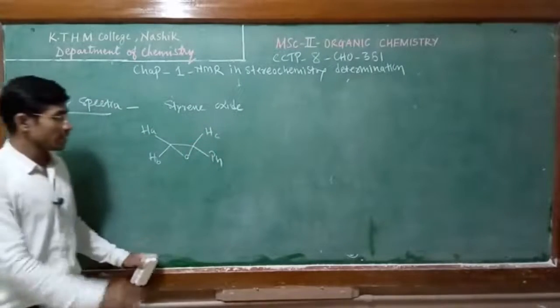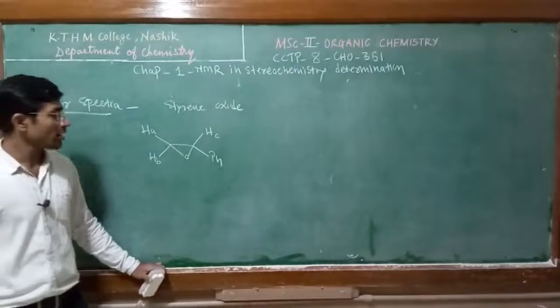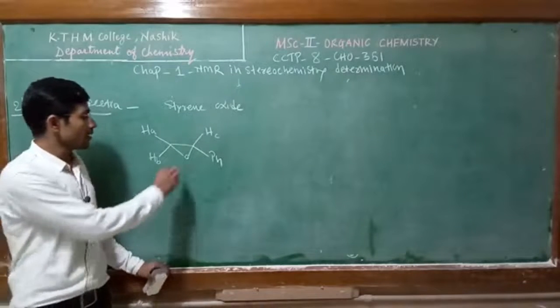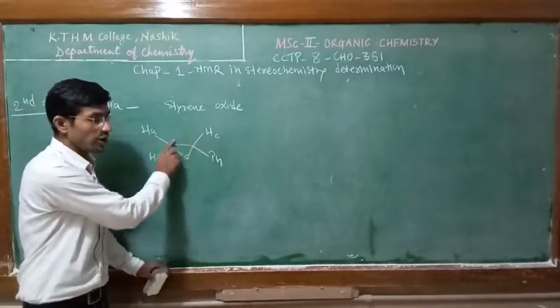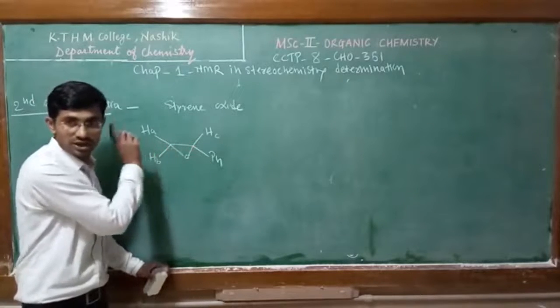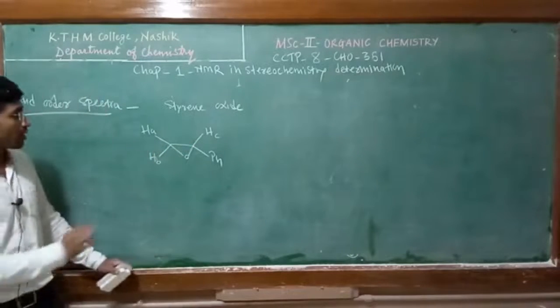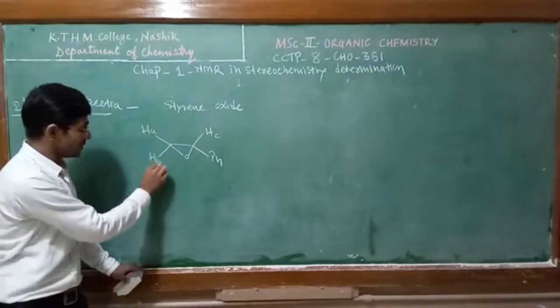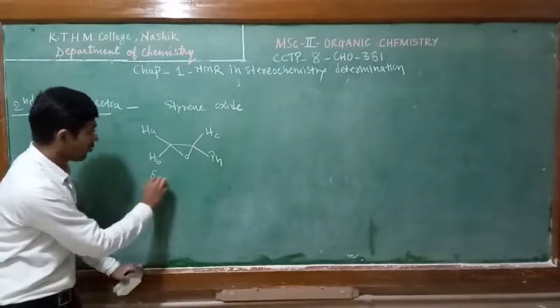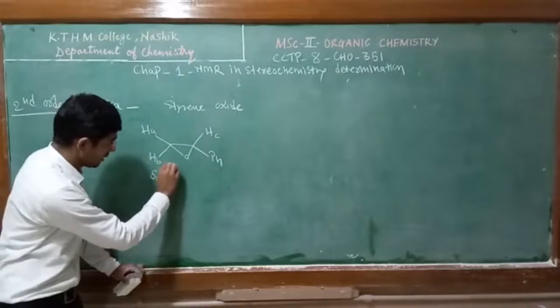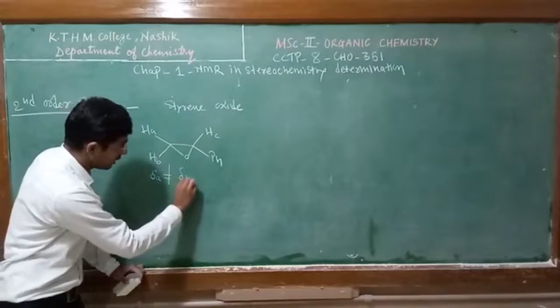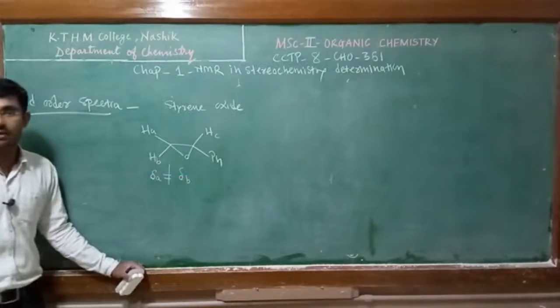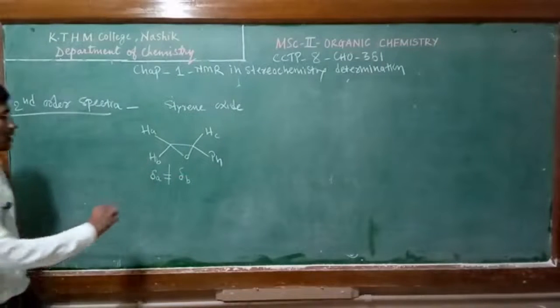This is the styrene oxide compound. This is a small ring compound. In this small ring compound, because of the small ring, carbon-carbon free bond rotation does not occur here. And because of this, protons HA and HB are chemically non-equivalent, meaning delta A is not equivalent to delta B here. So they are chemically and magnetically non-equivalent.